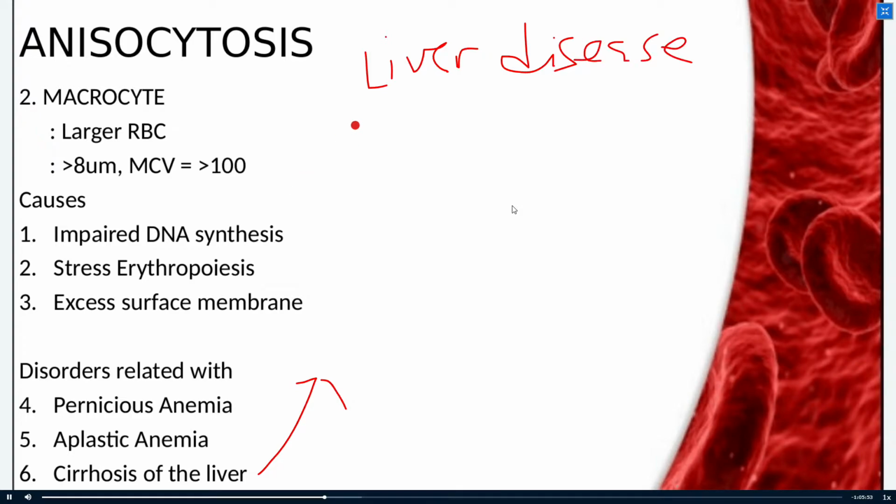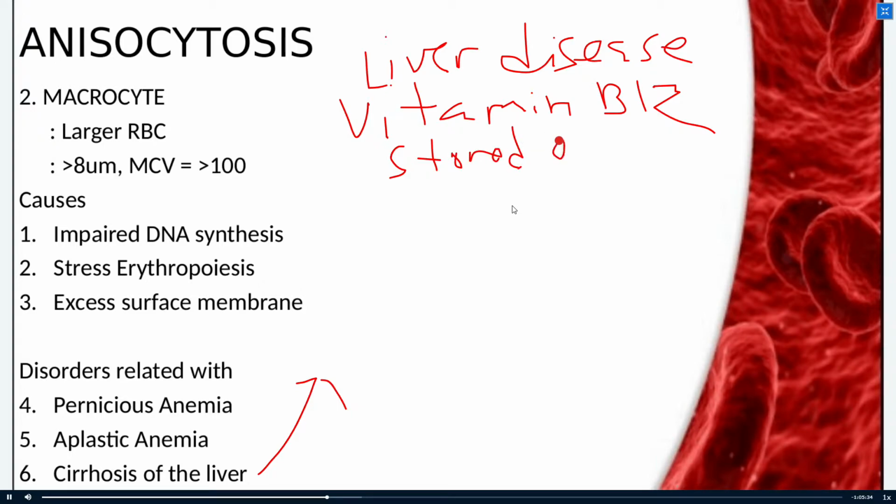And one of the places wherein your cobalamin or vitamin B12 is stored or metabolized is the liver. So when your liver has cirrhosis, you cannot metabolize your vitamin B12, causing macrocytes.